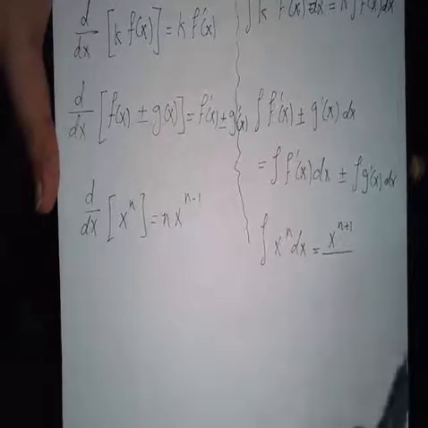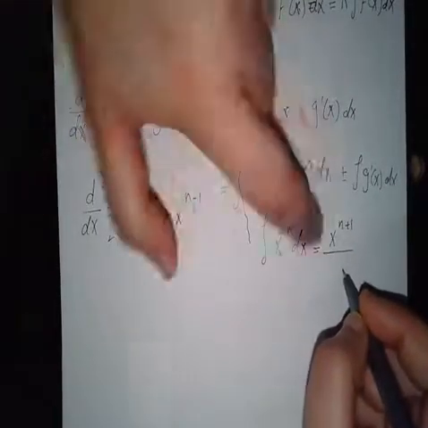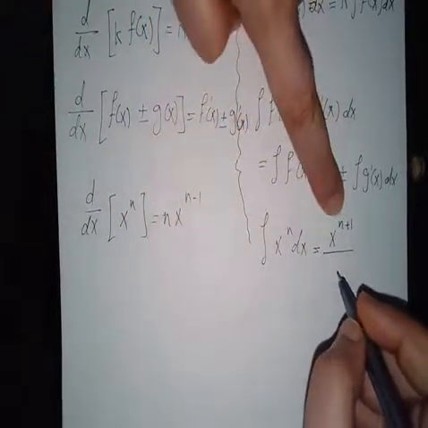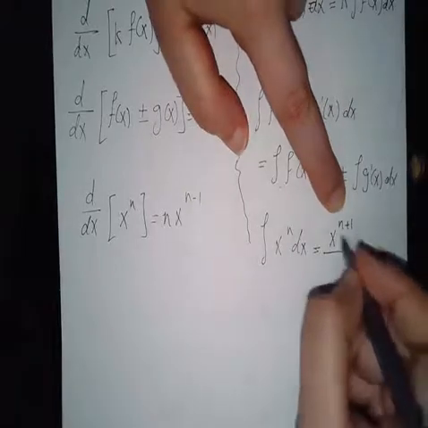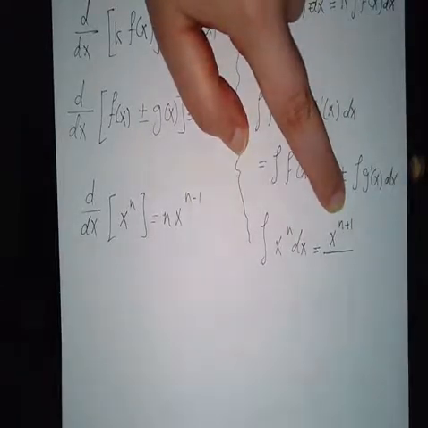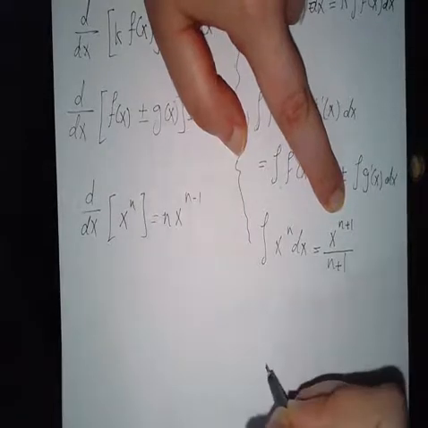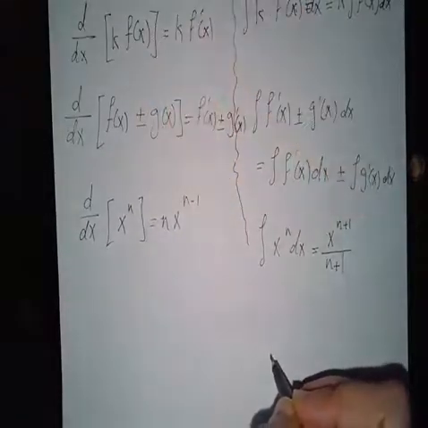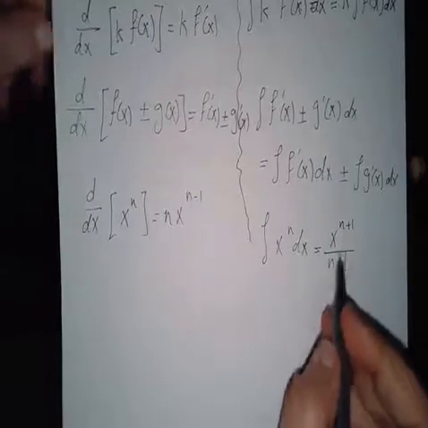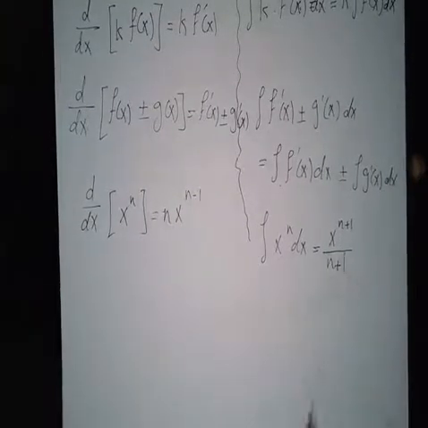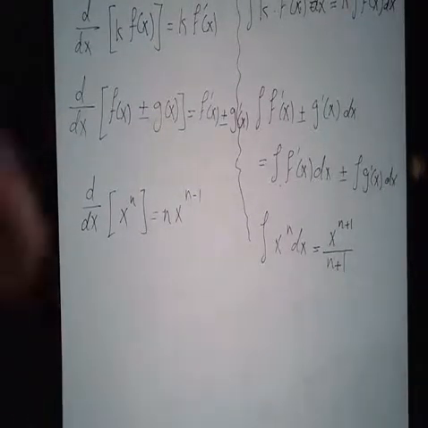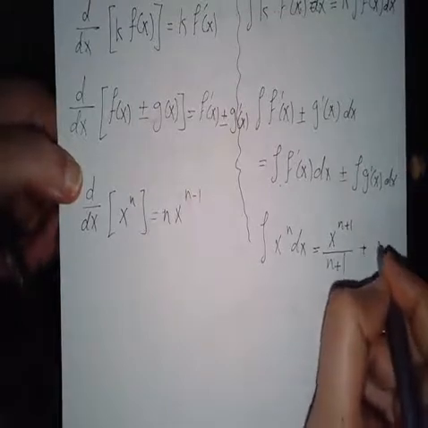Also, you divide by the new power. So the denominator is going to be n plus 1. Basically, it's x to the n plus 1 times 1 over n plus 1, whatever the power is. And then you add plus c.